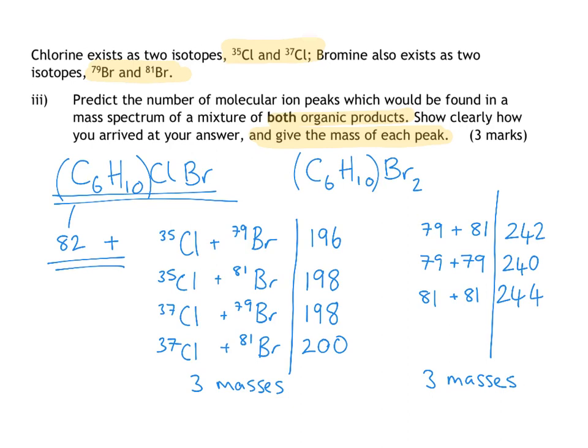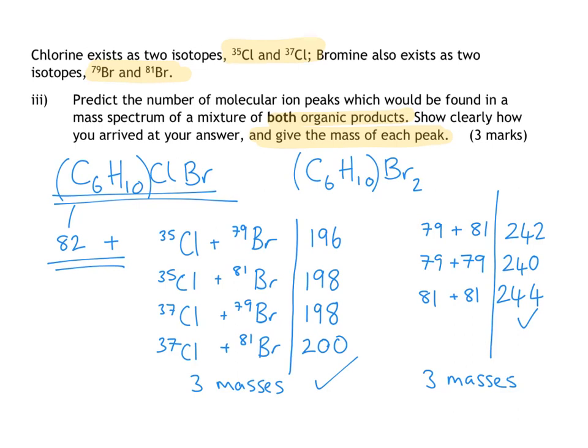So therefore, in total, there would be 6 different molecular ion peaks for this mixture of 2 different molecules. So that would be 1 mark, and then the other one would be for showing the mass of the ClBr molecule and showing the 3 different masses of the Br2 molecule.